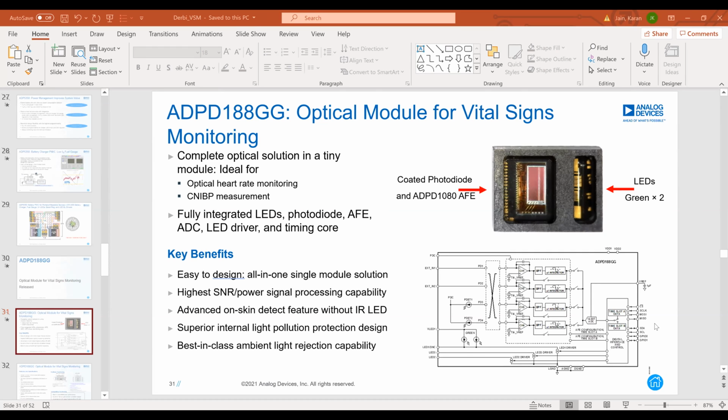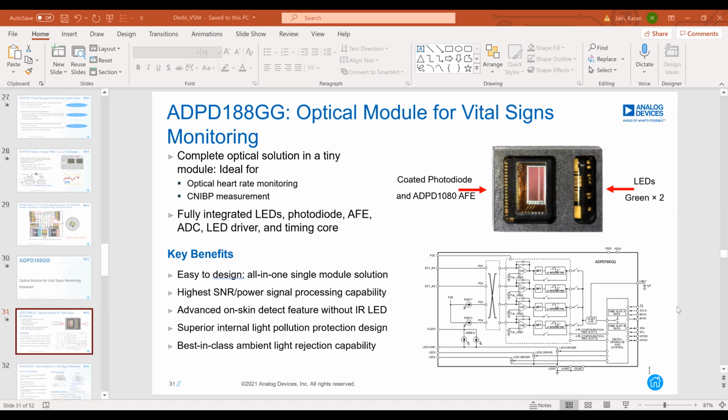Now that information is supposed to be used by the algorithm which the startup is going to develop. So the next block would be the MCU or a host processor, which takes this digitized information and applies it into their own algorithm.